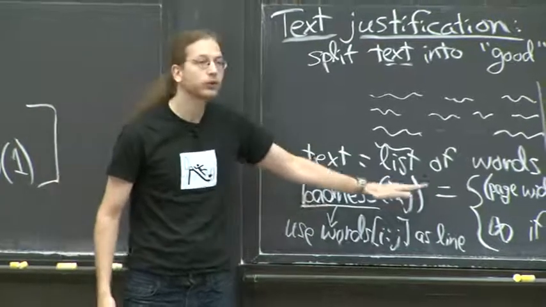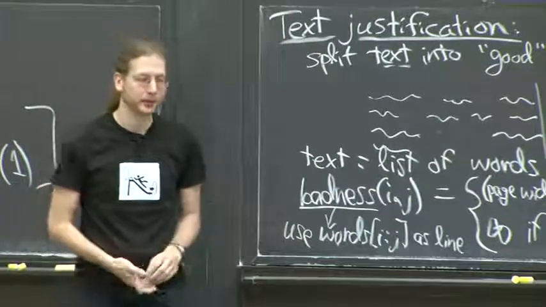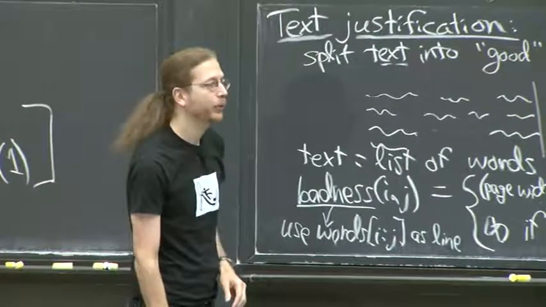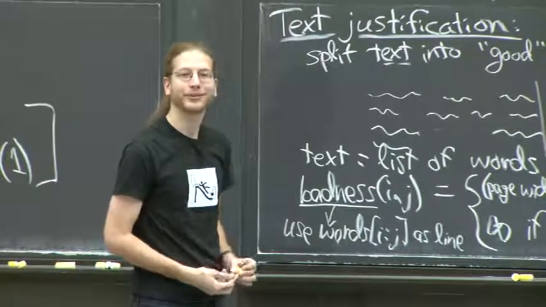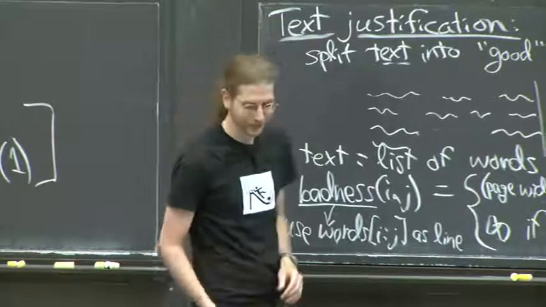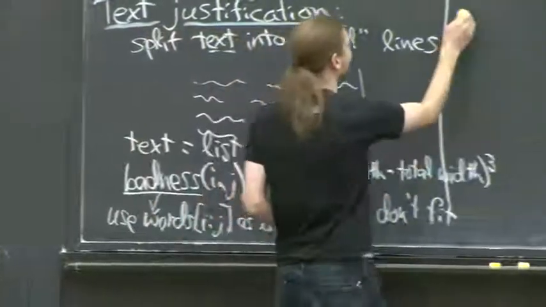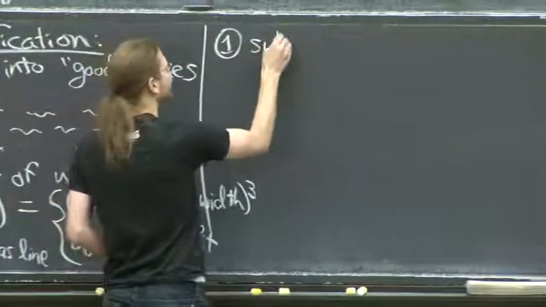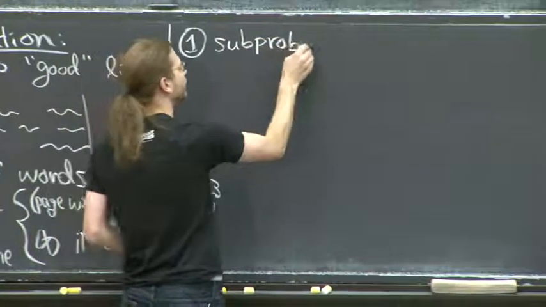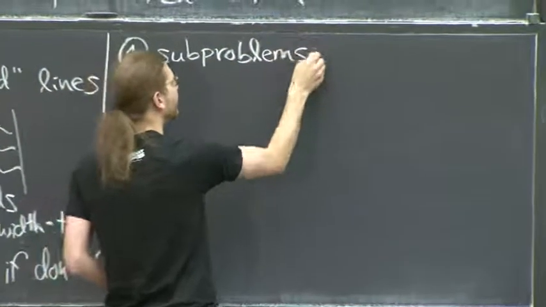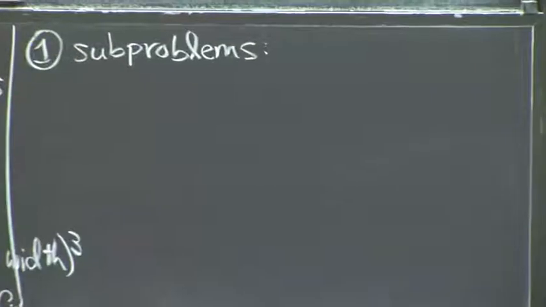So it's the sum of cubes, and that's really hard to think about. But that's what dynamic programming is for. You don't have to think. It's great, because it's brute force. OK, so the first thing we need to do is define subproblems. This is, in some sense, the hard part. The rest will follow easily.